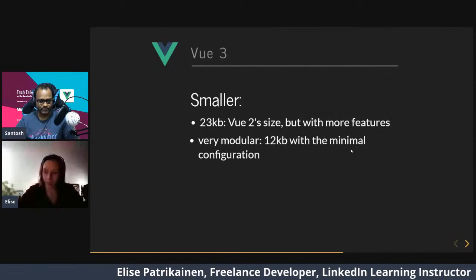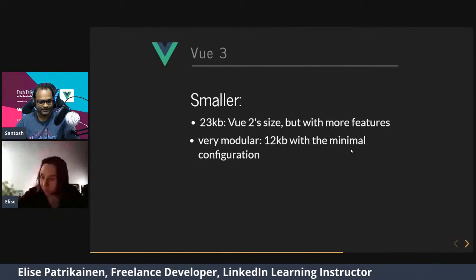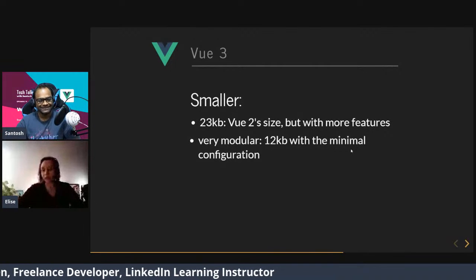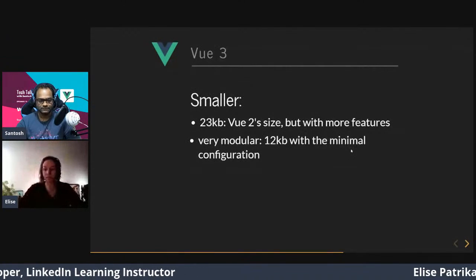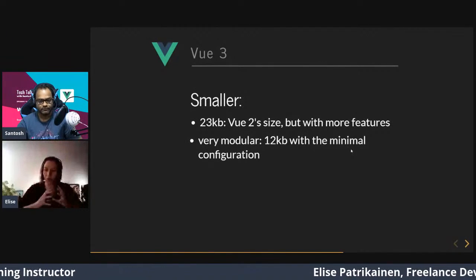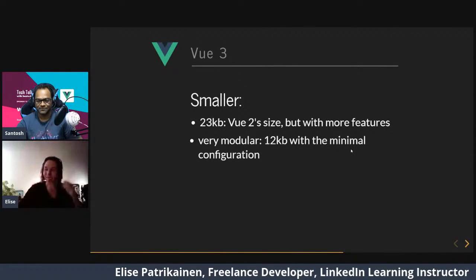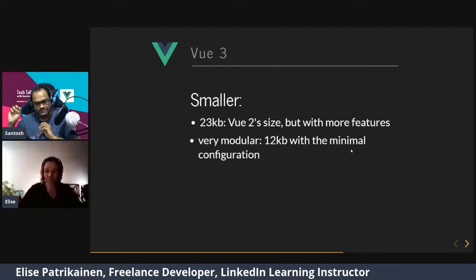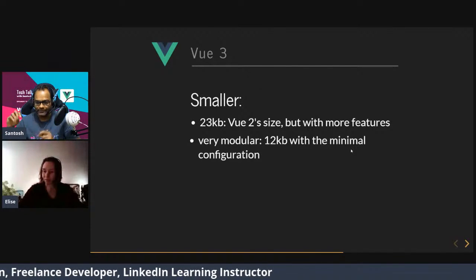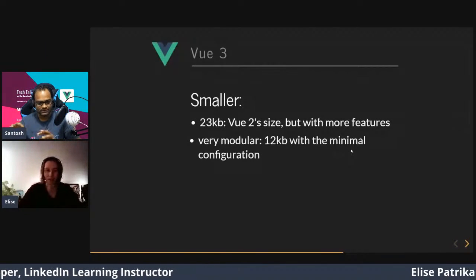Is this a prod build or a development build? It's a prod build and minified and so on, the smallest of the smallest. Okay, cool. So if I just use Vue core, it will be just 12 KB.